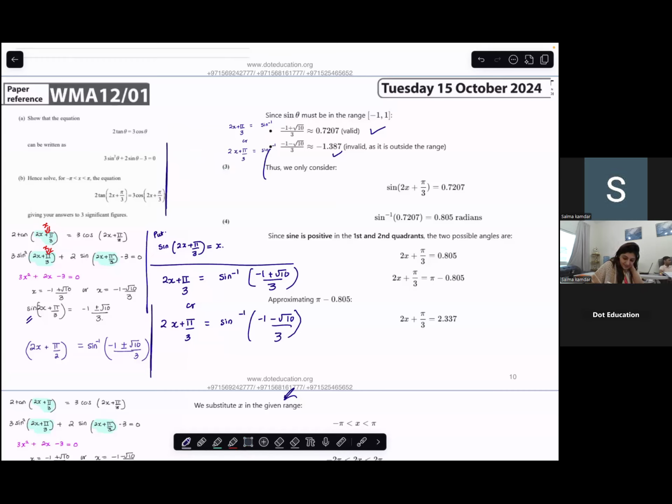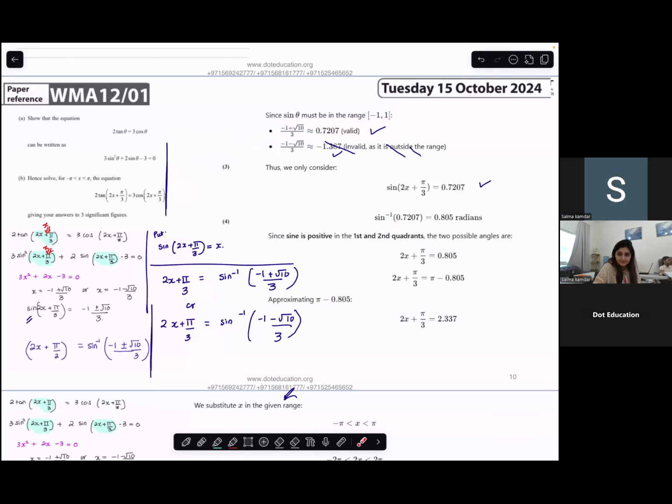So that means if it becomes outside my range, I'm going to ignore this. So I am only going to consider 0.7207. So I would say my sine 2x plus pi by 3 is equal to 0.7207. When I do the sine inverse of it, it becomes 0.805 rad.